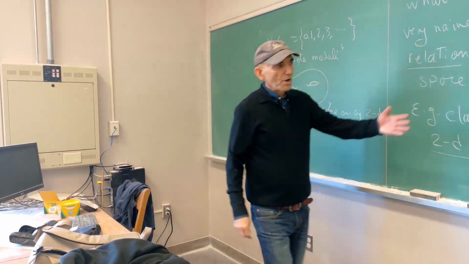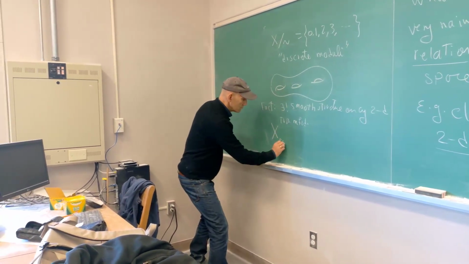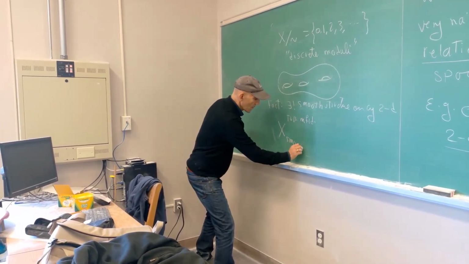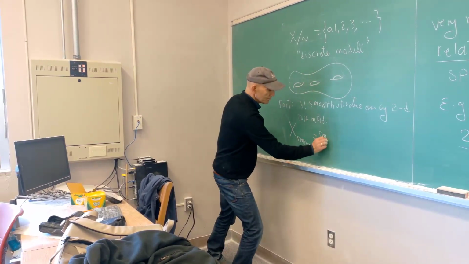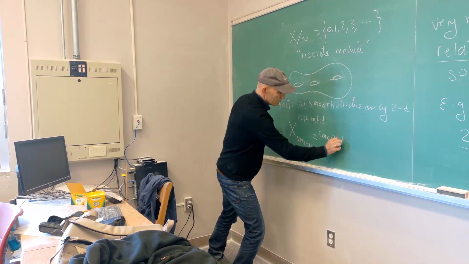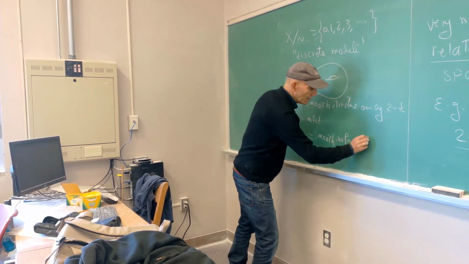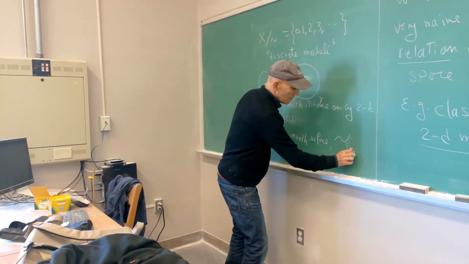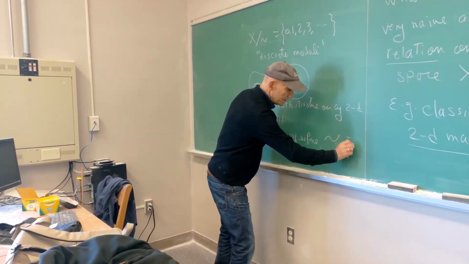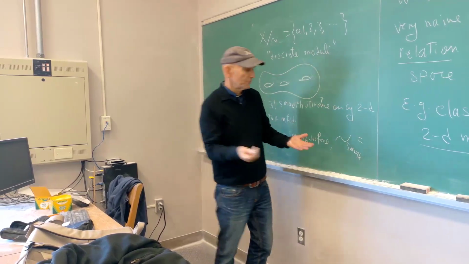So now if I define X smooth to be smooth surfaces, and I define the equivalence relation on smooth surfaces to be diffeomorphism, because it means smooth with smooth inverse, right?